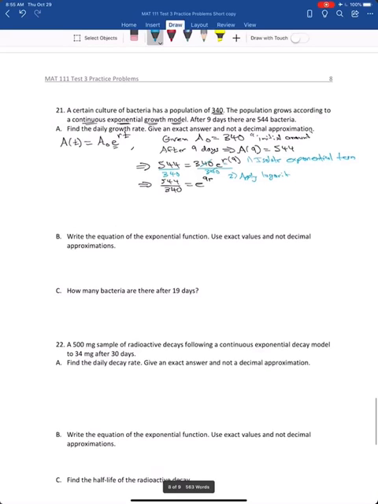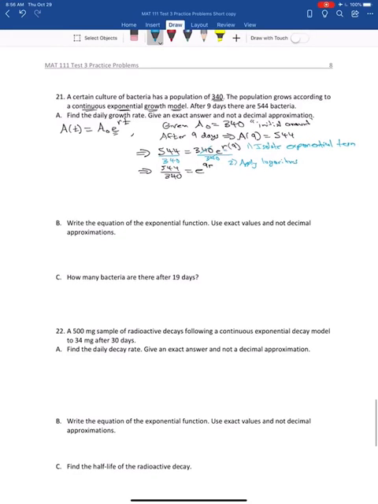Again, we want to use log properties to help us solve. So let's take the natural log, log base e, of both sides of the equation.